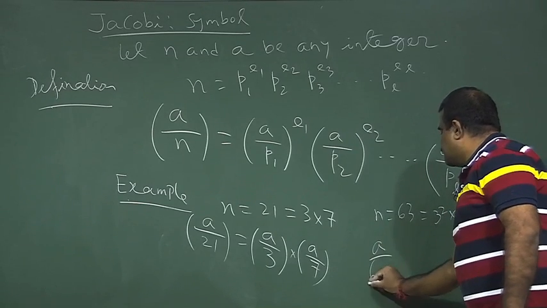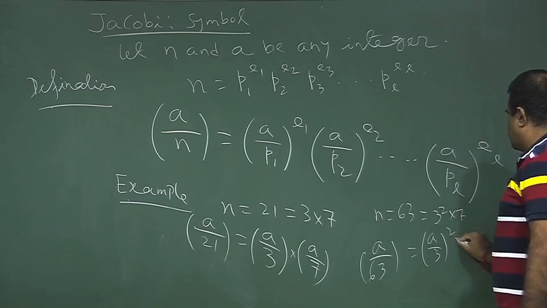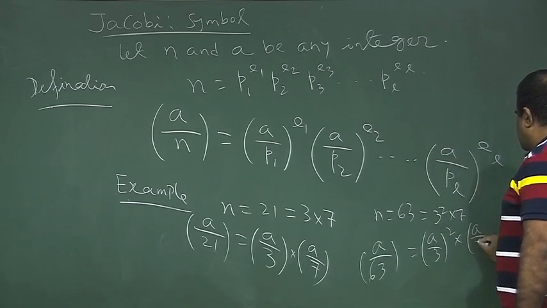So (a by 63) is defined as (a by 3) squared times (a by 7).